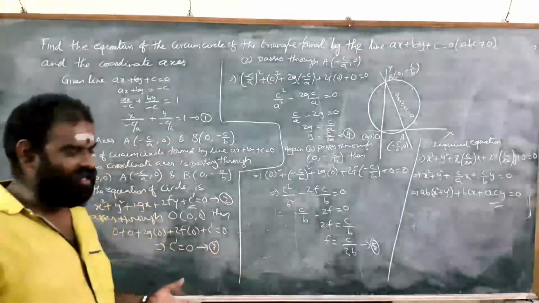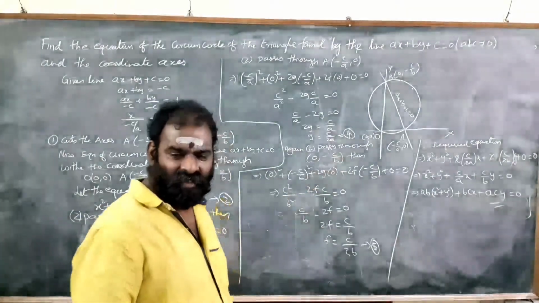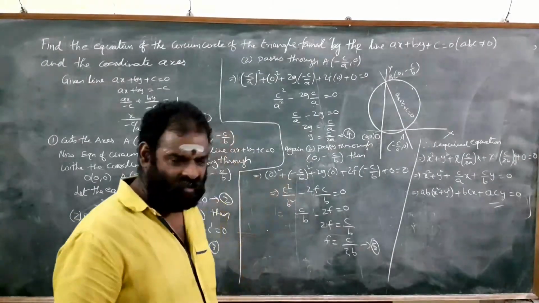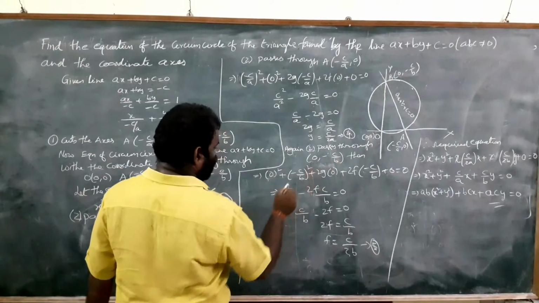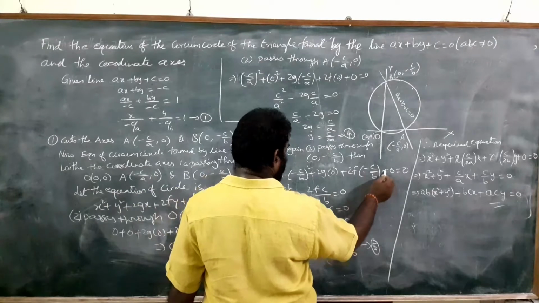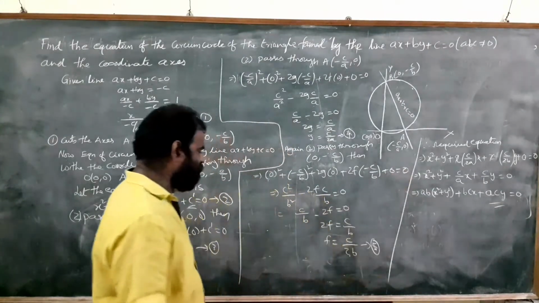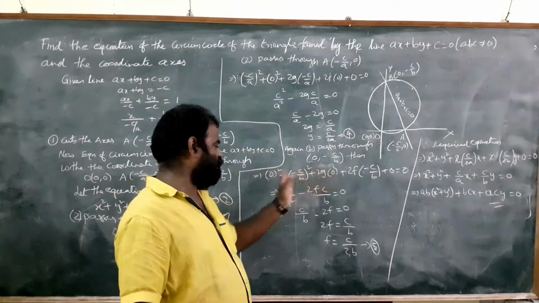In the same way, the circle passes through (0, -c/b). Then we substitute the point (0, -c/b) in this equation. So x = 0: 0² + (-c/b)² + 2g(0) + 2f(-c/b) + c'. Already we know that c' is 0, so 0 = 0. Obviously the 0² and 2g into 0 are cancelled.